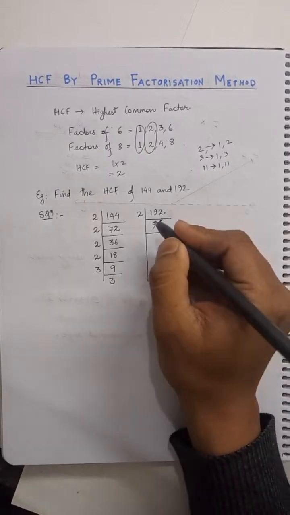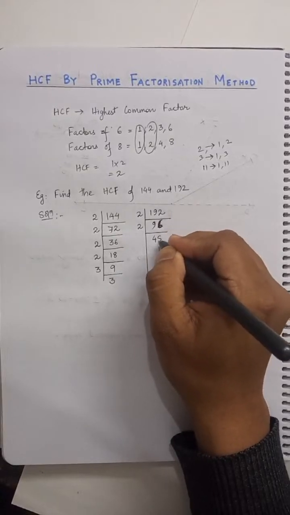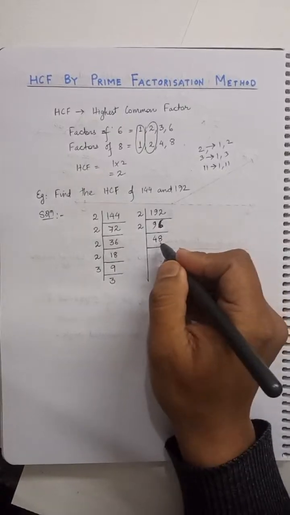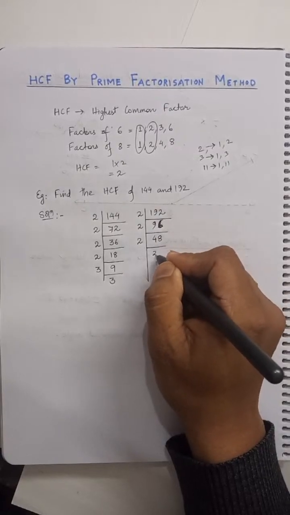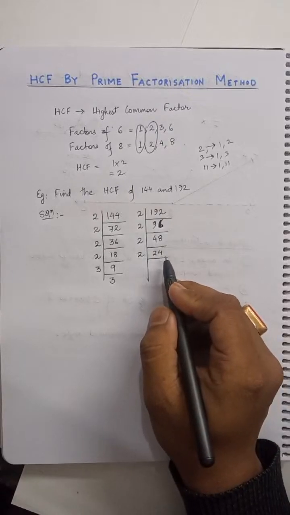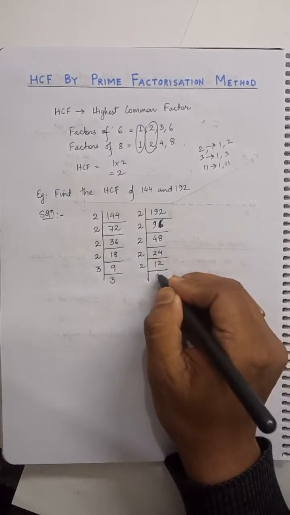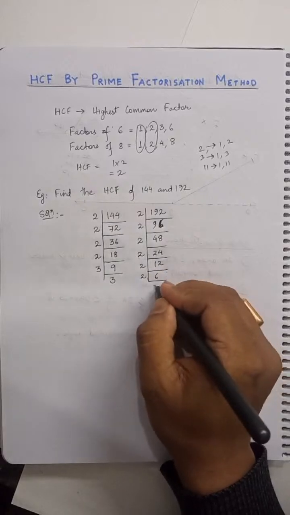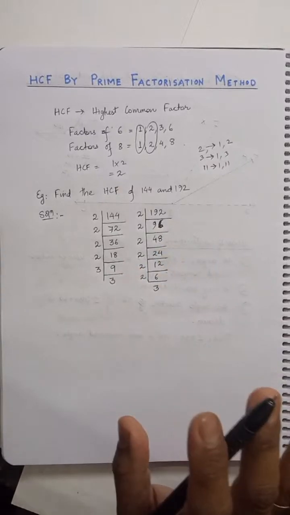Now 96 is again divisible by 2. 2 into 4 is 8, and 2 into 8 is 16. The number ends with 8, so this is divisible by 2. 48 divided by 2 is 24. 24 ends with 4, so this is divisible by 2. This is 12. 12 is divisible by 2, it gives us 6. And finally 6 is divisible by 2 and 3, and 3 is divisible by 3, so we will stop our prime factorization here.